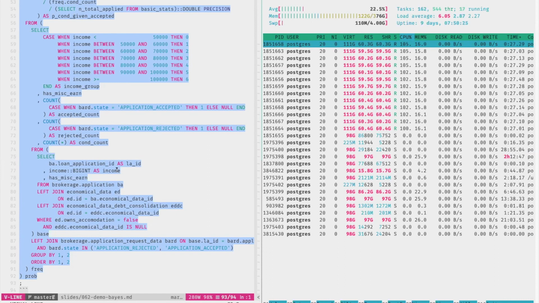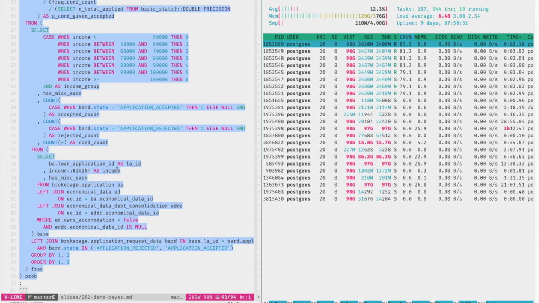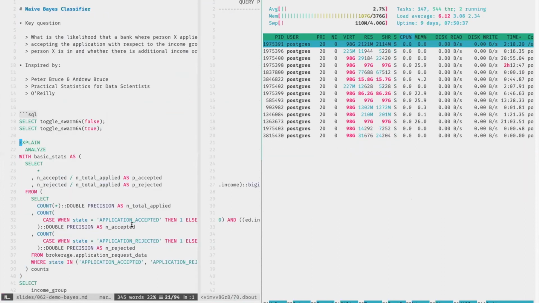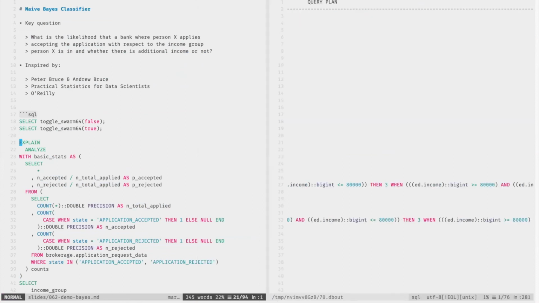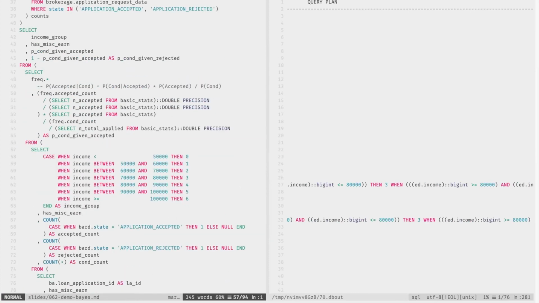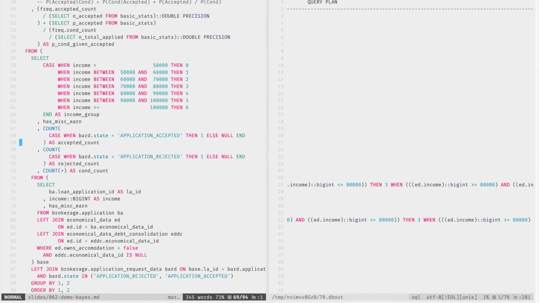Debt consolidation is when the person has multiple loans that she or he wants to consolidate into a single one, and we don't want this. So that's why we are doing this left join, checking that this is not null. And we see actually that the query came back.